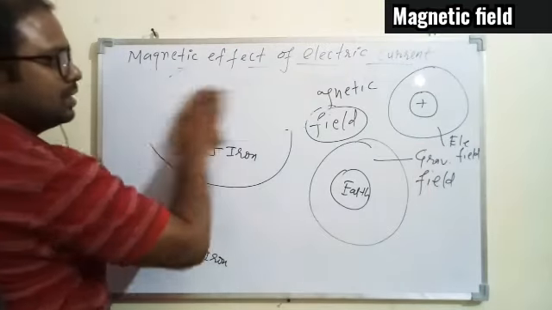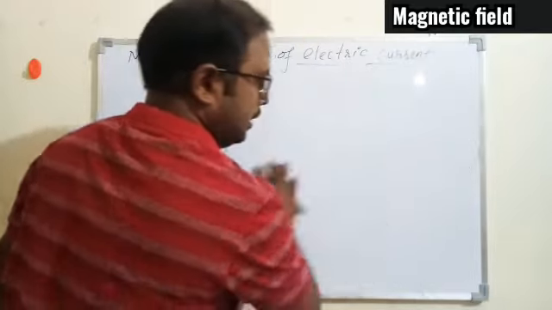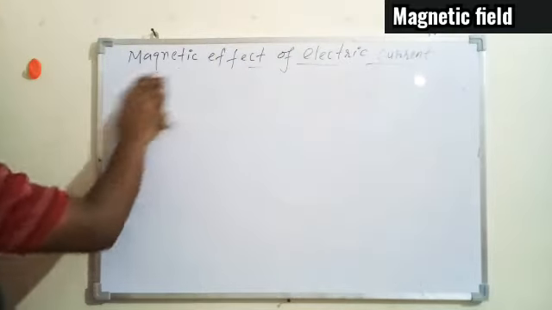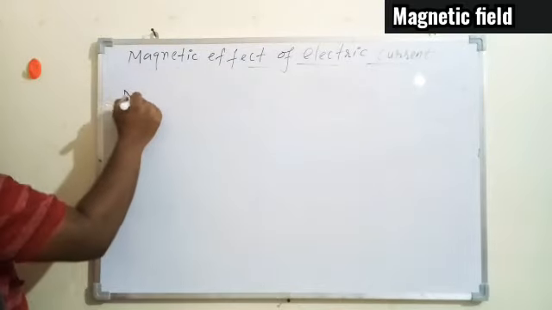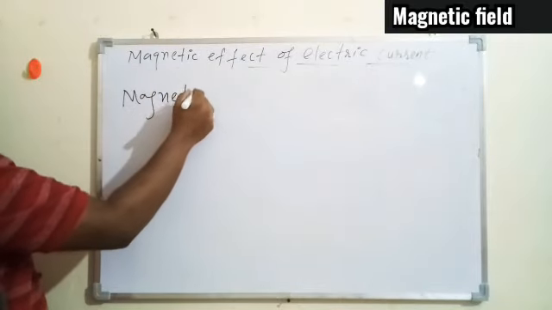So overall we can say that the magnetic field is a space. Let's have a definition.